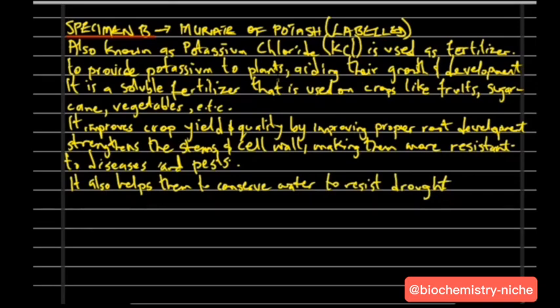So it helps them to conserve water, and that makes them resistant to drought as well as stress. MOP can also improve soil health by increasing the potassium available, and then promoting a healthy root system. I've said that earlier. So primarily it is used in agriculture.